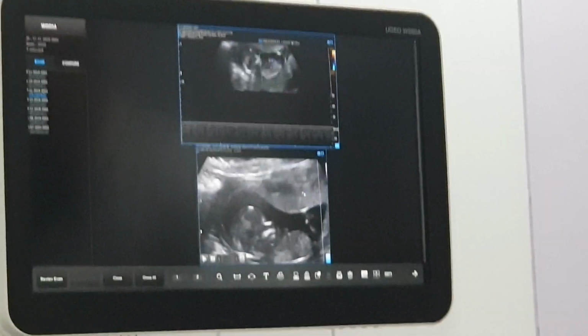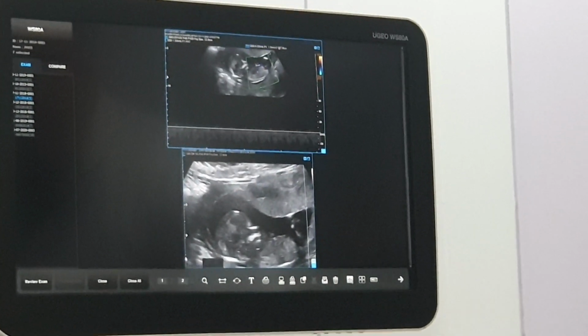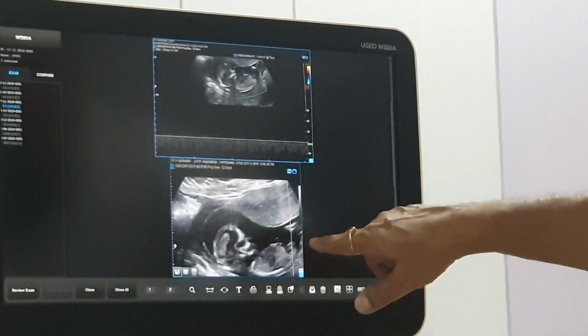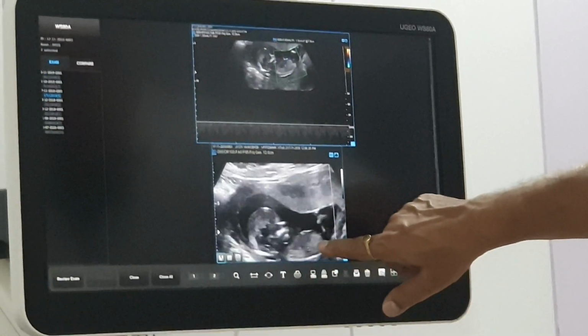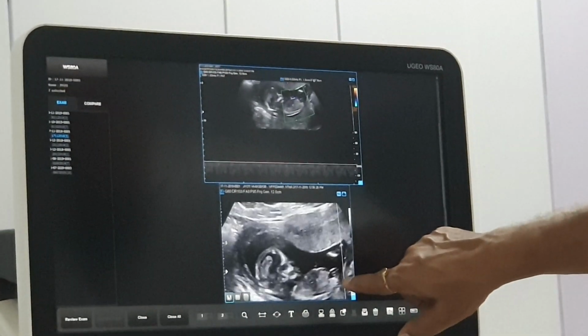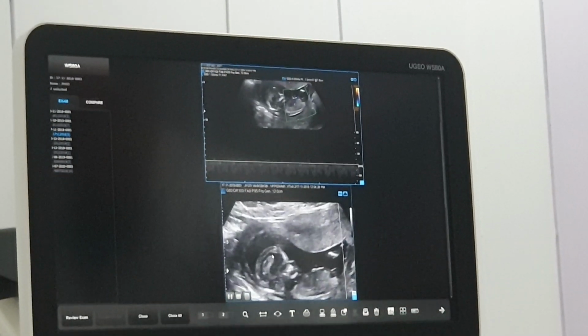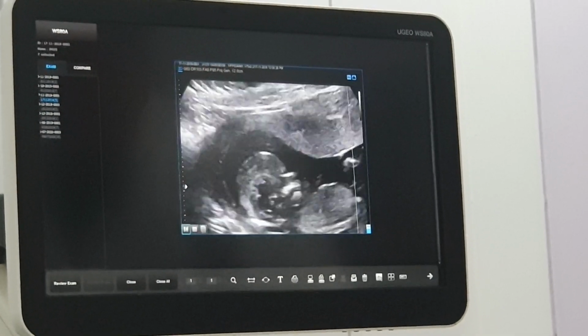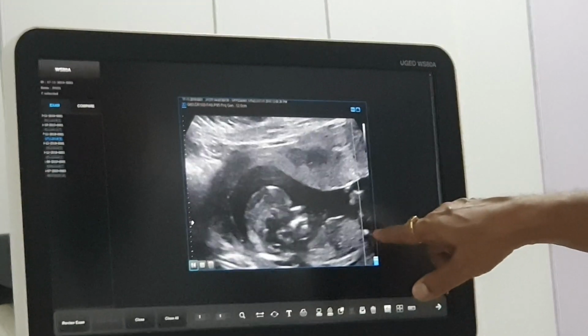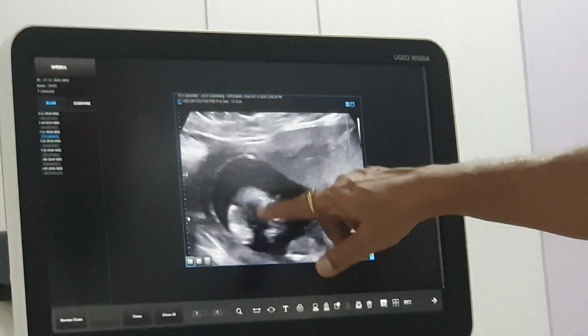You can see this is the placenta, and with this you can see the heart, this heart is moving, there are limb buds, a lot of things you can visualize at this stage. So this is one of the detailed scans we do. These are the various parts of the brain.